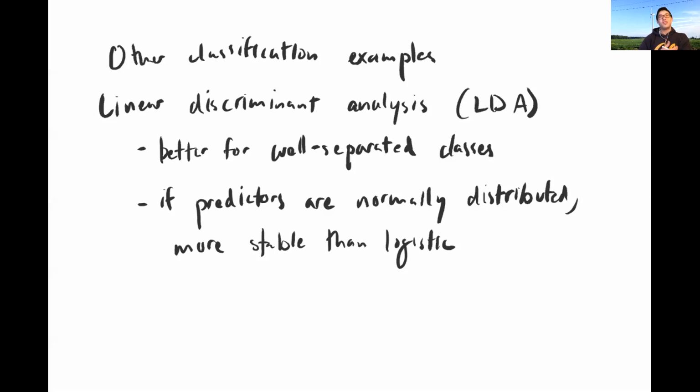So if your response variable is like a dummy or categorical, I think one of the things to look at is the distribution of each of your explanatory variables. And if you happen to have a lot of normally distributed data, which isn't always the case, right? Then an LDA may suit your purposes better.